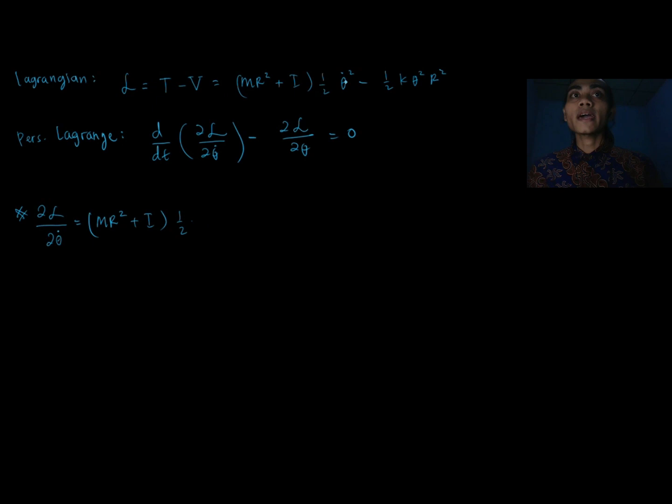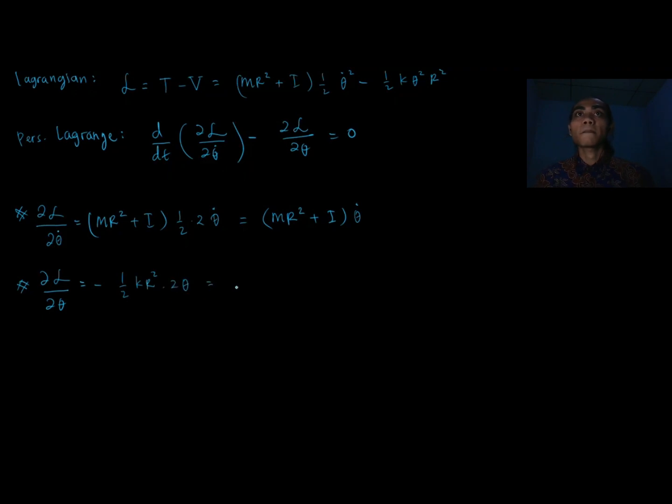Then we differentiate the second part, the derivative of the Lagrangian with respect to theta. We have half of k r squared times 2 theta, so we get k r squared times theta.